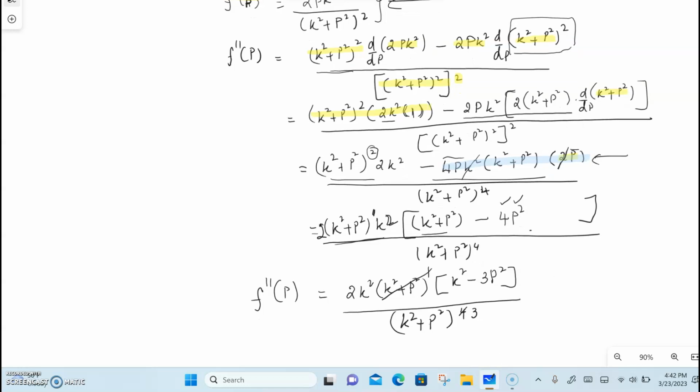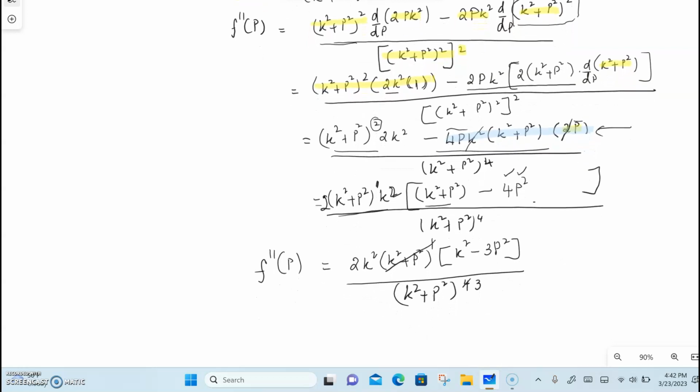Now we're going to plug in p equals 0 because we are trying to prove that the second derivative is greater than 0 when p is equal to 0. So we plug in p equals 0.